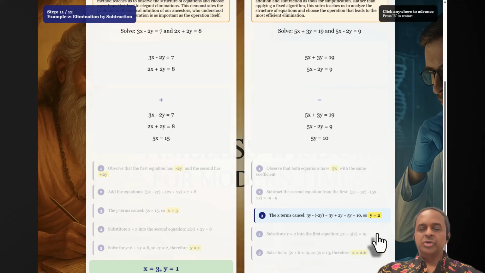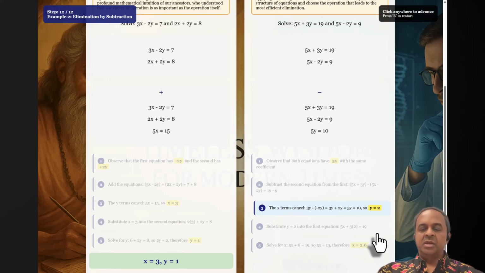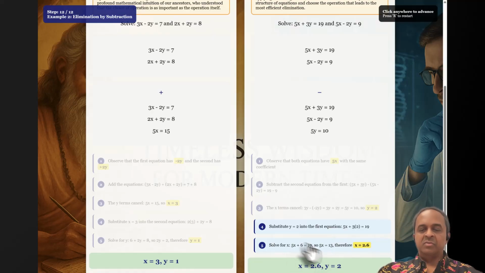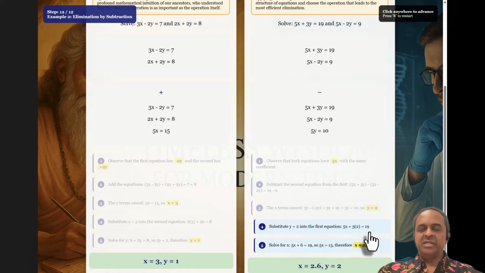And now all you do is apply the substitution in any of the equations. If you apply y equal to 2 in the first equation, that is 5x plus 3 times 2, 6, equal to 19. So 5x equal to 19 minus 6, so that's 5x equal to 13.